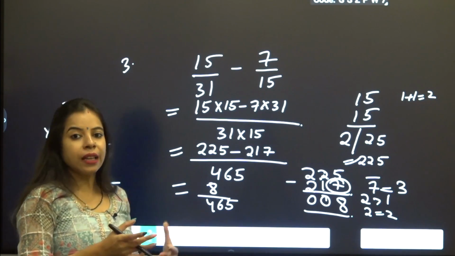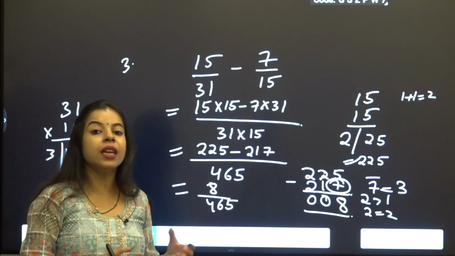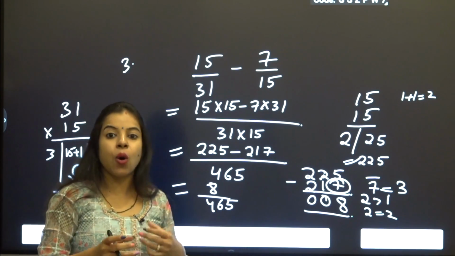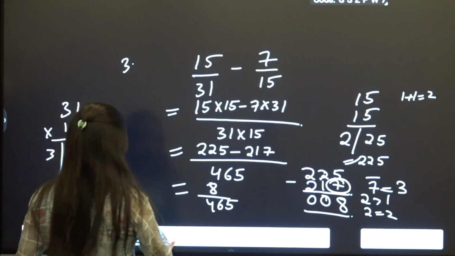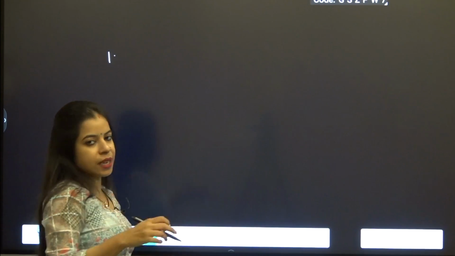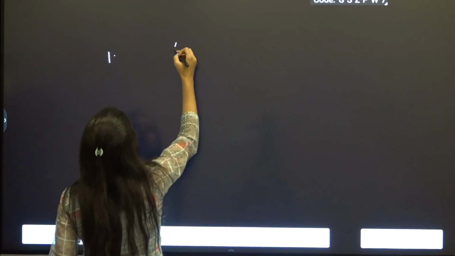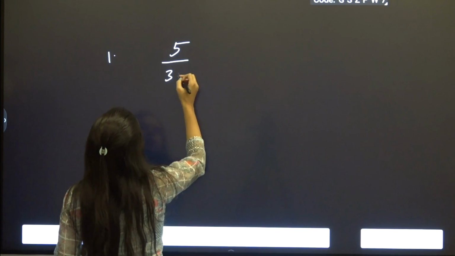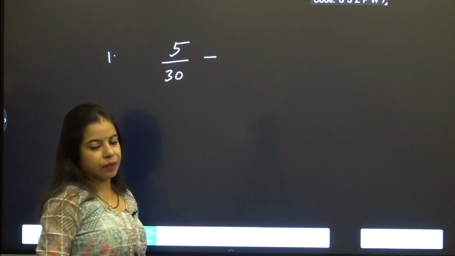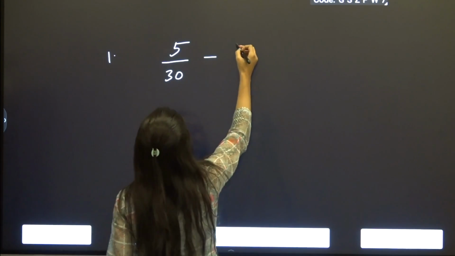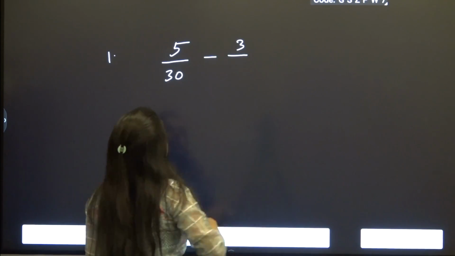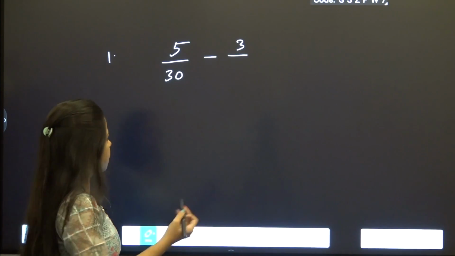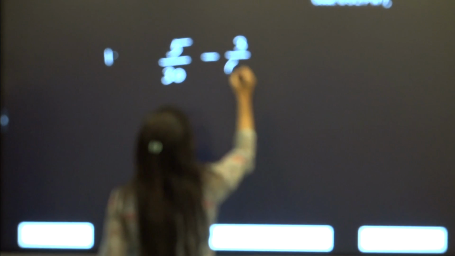Let us take another case where the denominators have a common factor. Let us take an example, say 5 by 30 minus 3 by, let's take 60.